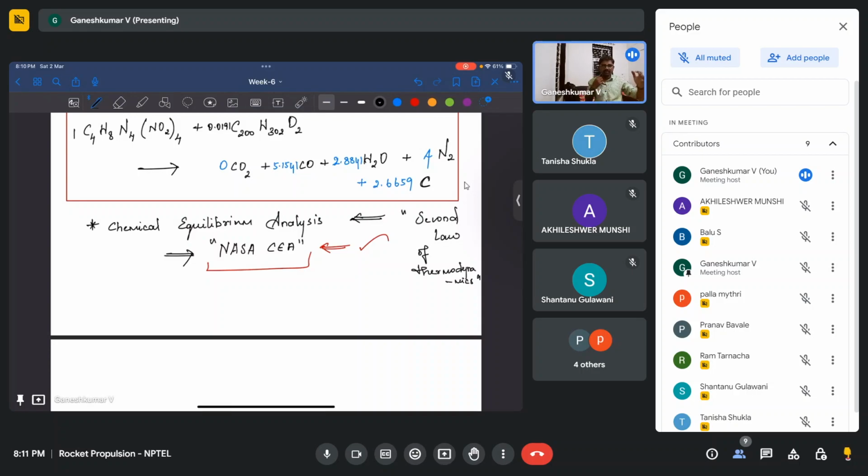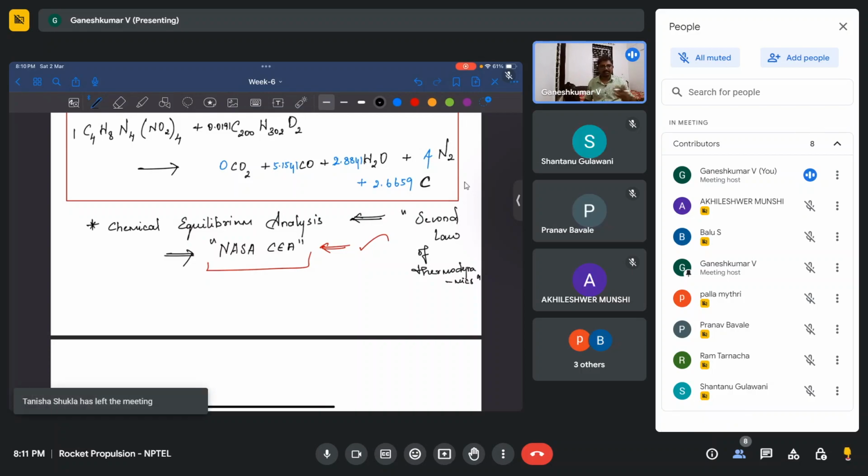So it will give you the mixture composition which has the highest entropy, or in other words minimal Gibbs free energy. Basically it comes from thermodynamics. From there you get the product composition, and that is why they call it chemical equilibrium analysis. They also solve the first law of thermodynamics to get the temperature.